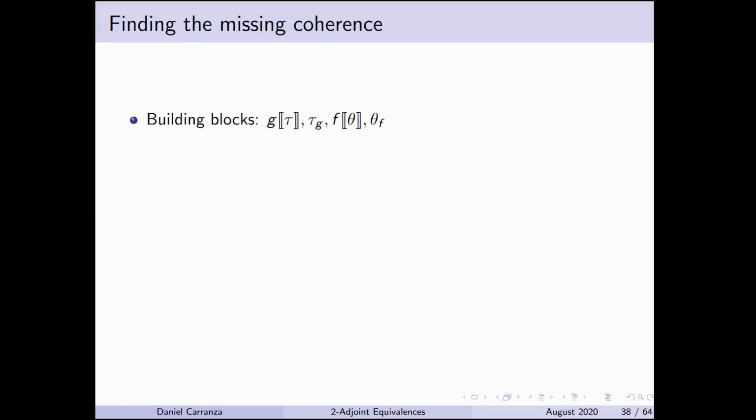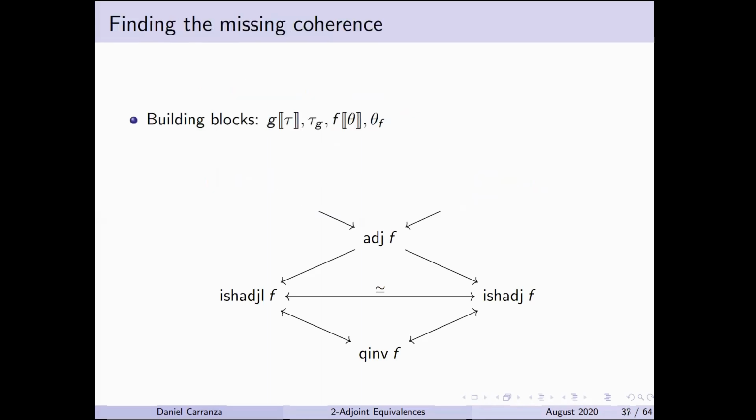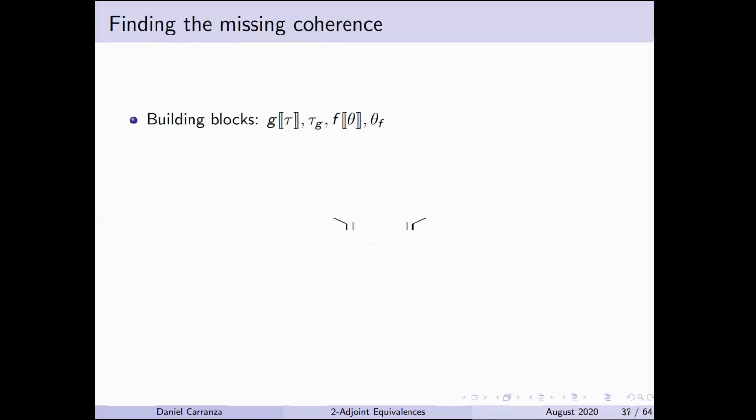So this is what we would expect out of a half two-adjoint equivalence, right? So let's just try and build one. Before, the way that we build one is by asking for a homotopy. For example, the right triangle in the half-adjoint equivalence asks that f eta be homotopic to epsilon f. And the left triangle asks that eta g be homotopic to g epsilon.